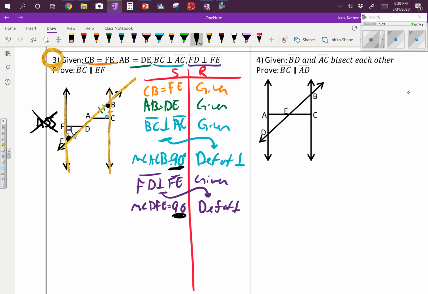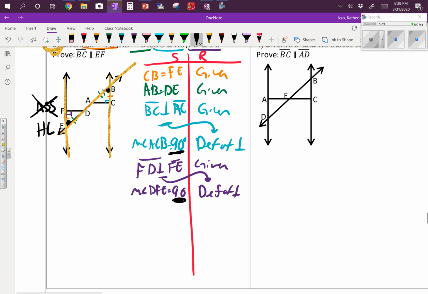Hey, look, we got 90-degree angles. So we are going to have to do an HL on this, which means HL to prove triangle ABC is congruent to triangle DEF. Good job, squirrel.